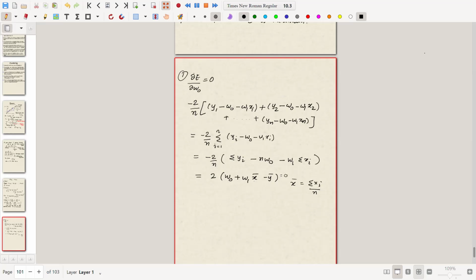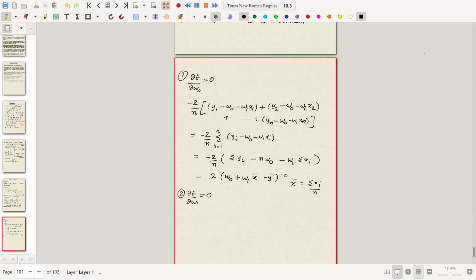Now, what should we do? Dou E by dou W1 equals 0.